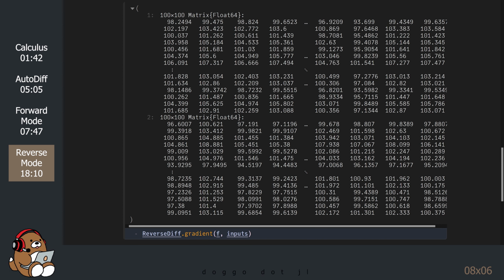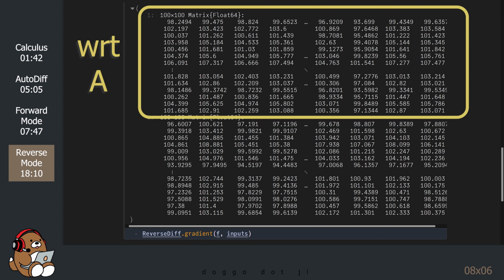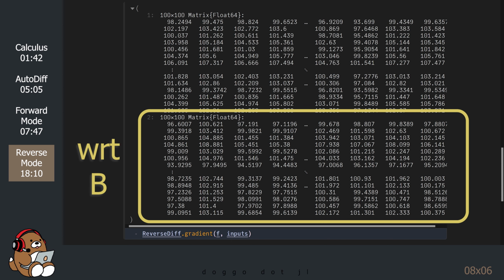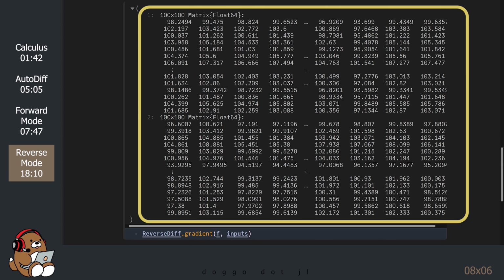A partial derivative is defined as the derivative of a function of two or more variables with respect to one variable. The first matrix is the derivative of the function with respect to a. The second matrix is the derivative of the function with respect to b. Each element in the matrices is the value of the derivative function for their corresponding input value.